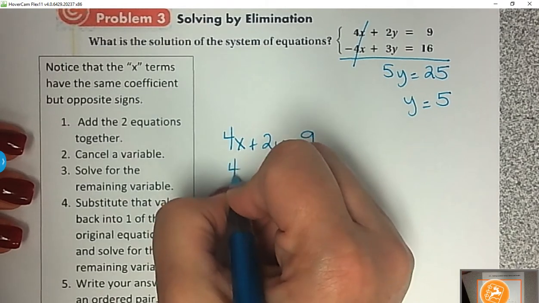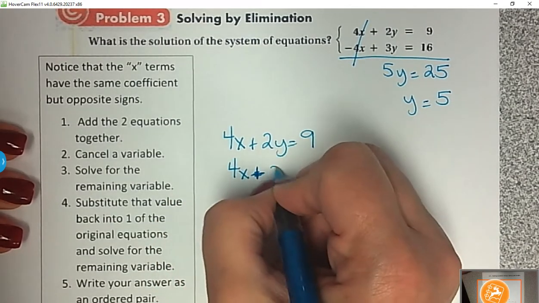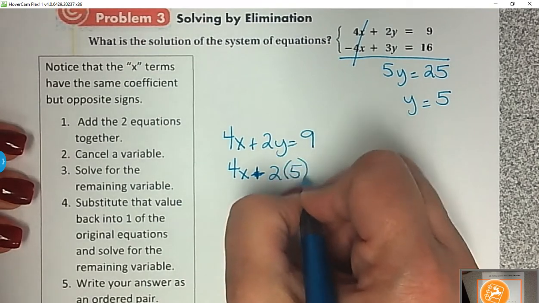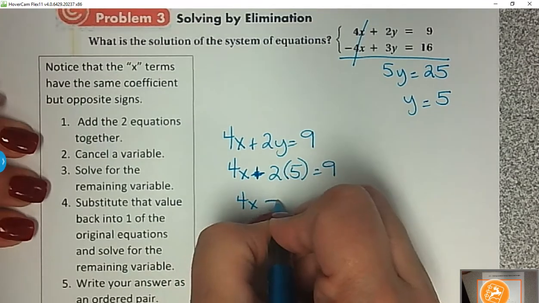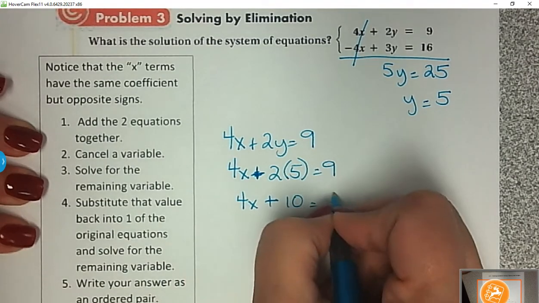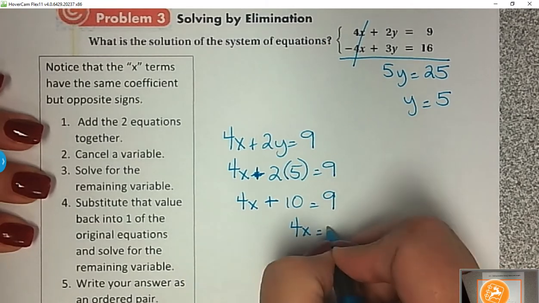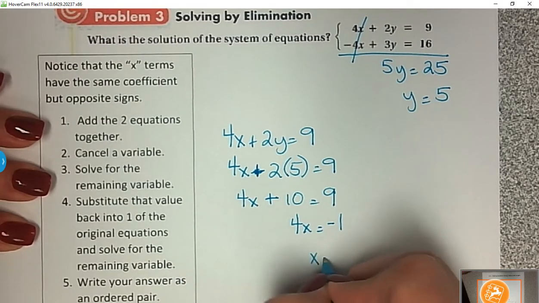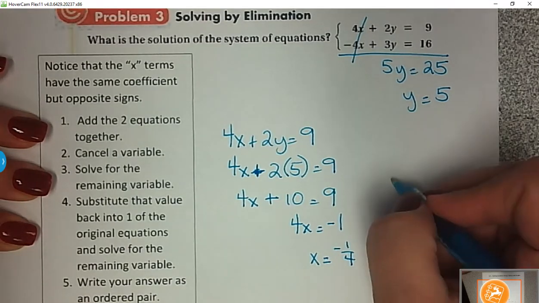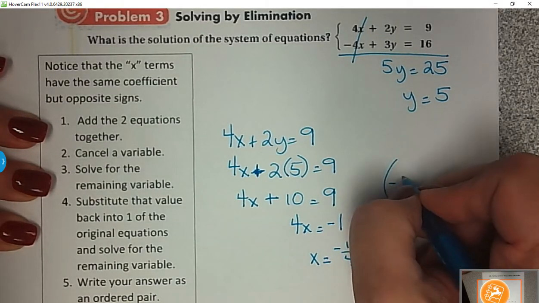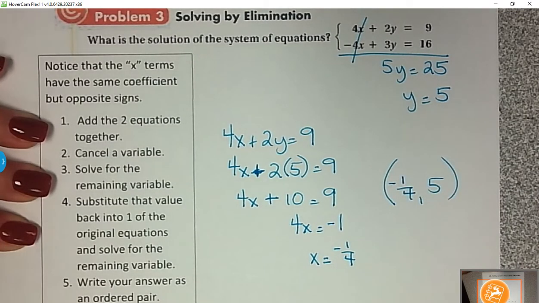Since I know that y is 5, I'm going to take out the y, put a 5 in its place. So 4x plus 10 is 9. Move my 10 over, so 4x is negative 1. That means x is negative 1/4. My ordered pair will be negative 1/4, 5.